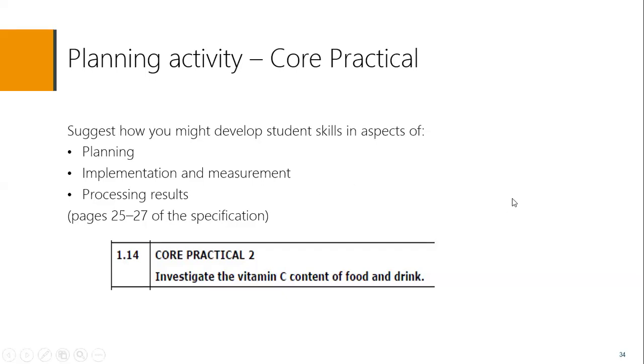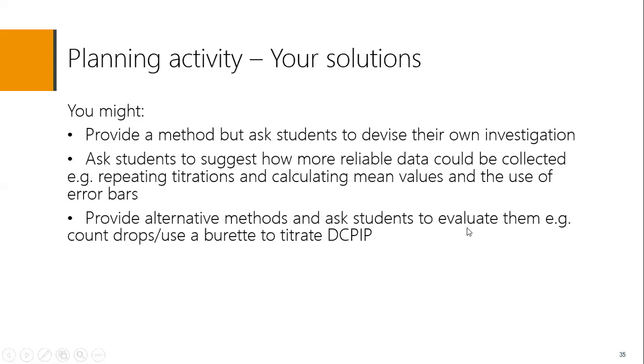So if we move on, you don't have to develop all the skills in one practical activity. You can break it down to help your students develop different aspects of practical work in different types of lessons.